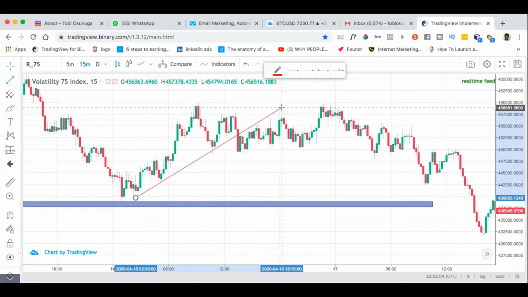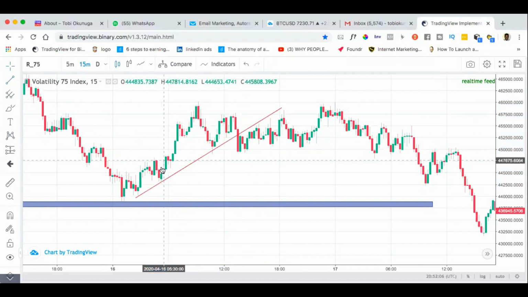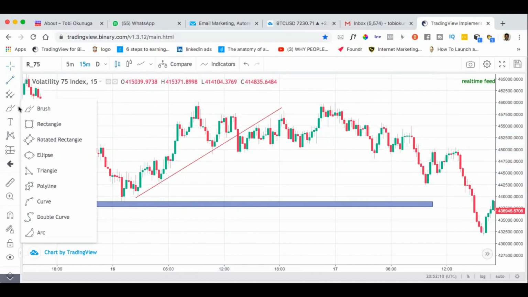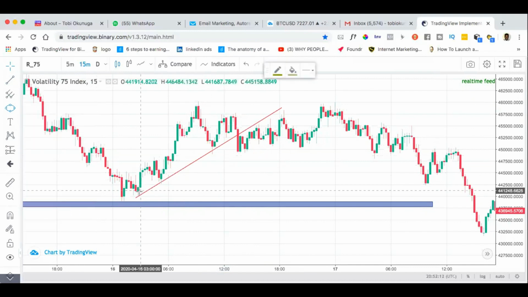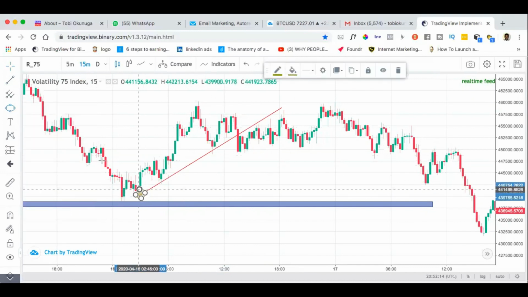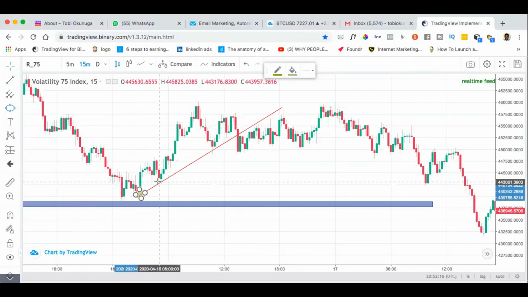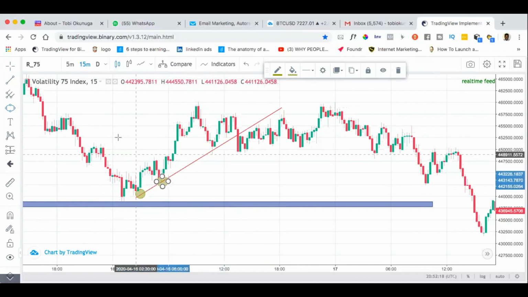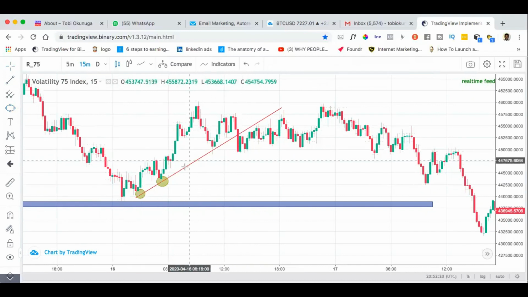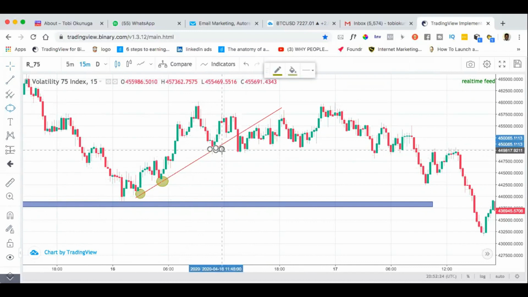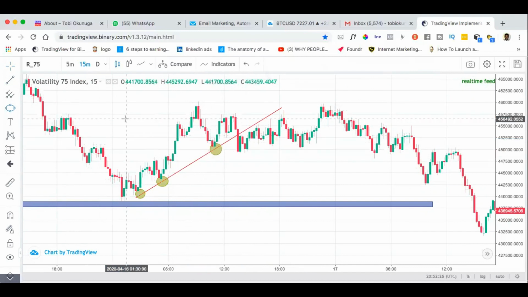These two points is where I'm drawing this trend line. This is point 1. Because I have 2 touches, that's a valid trend. Point 1, point 2, then we have point 3 over here. So this is a valid trend.